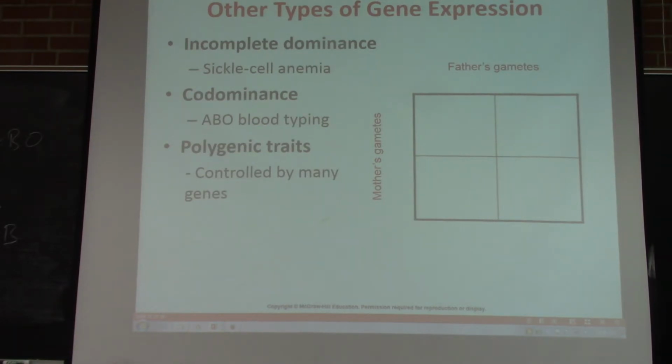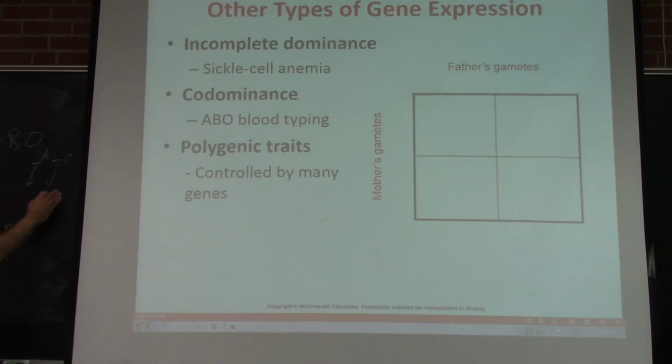Those are because the alleles that we inherit are codominant, meaning that if 2 different alleles are present, both of them are expressed. One is not dominant over the other.